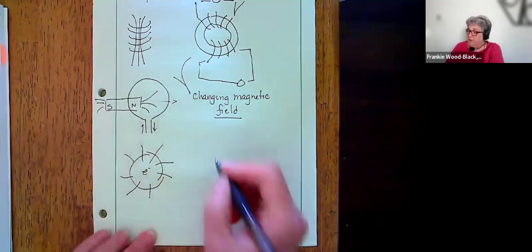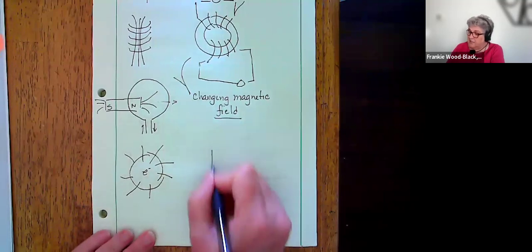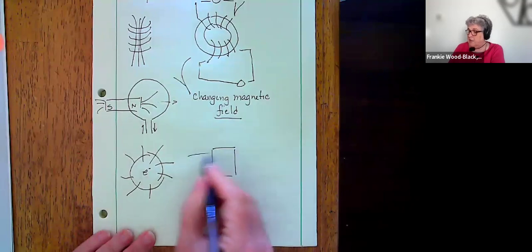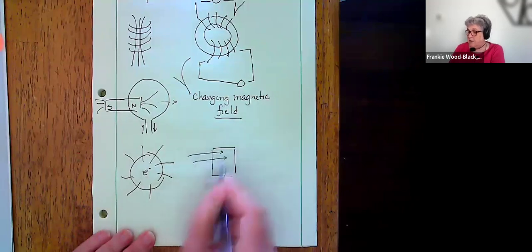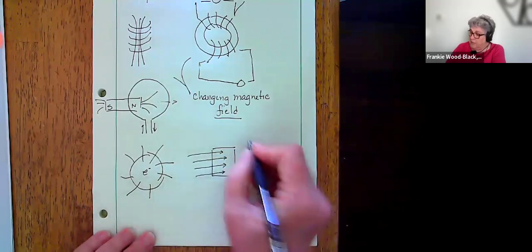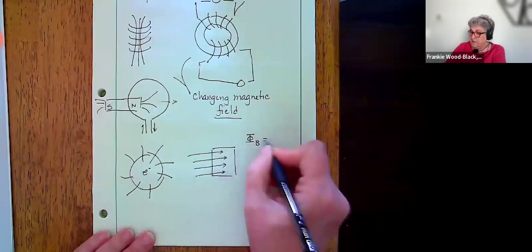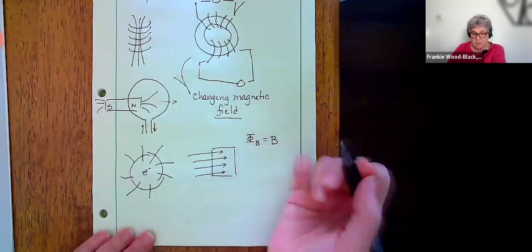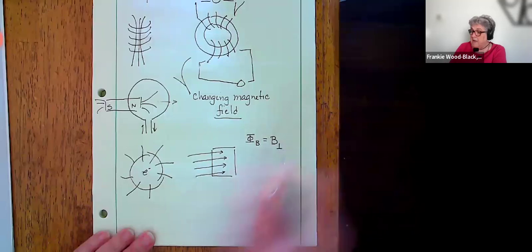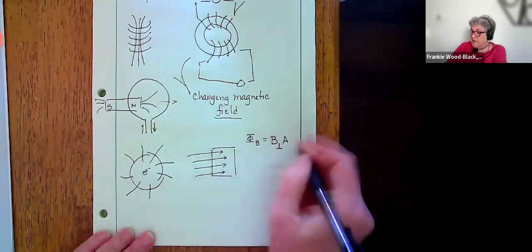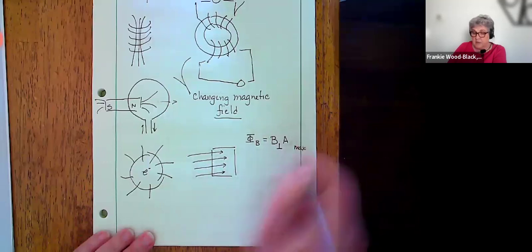But for my magnetic field, it's a little easier because I can take a square loop and I can look at my magnetic field going through my square loop here. And we can define my magnetic flux as the maximum, of course, when the magnetic field is perpendicular to the area. And this is going to give me my maximum.